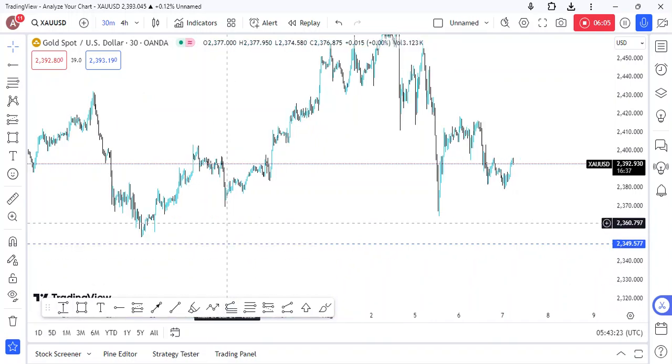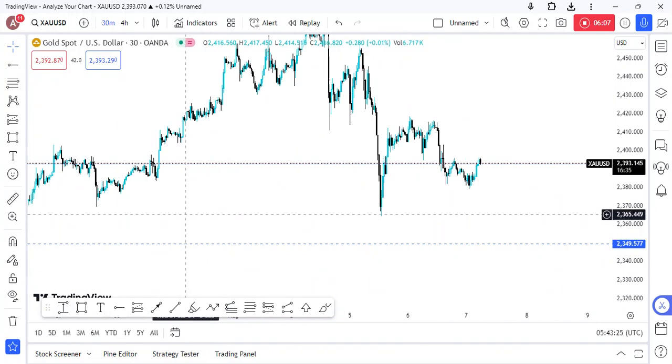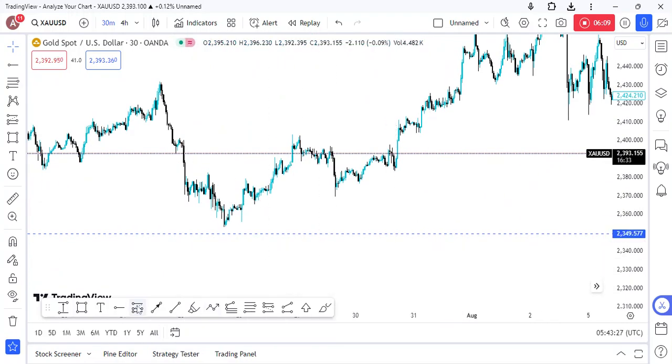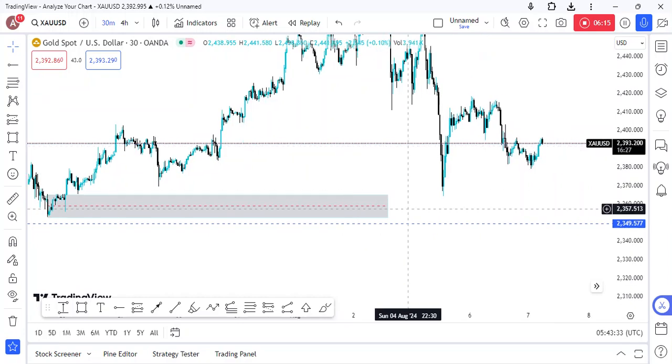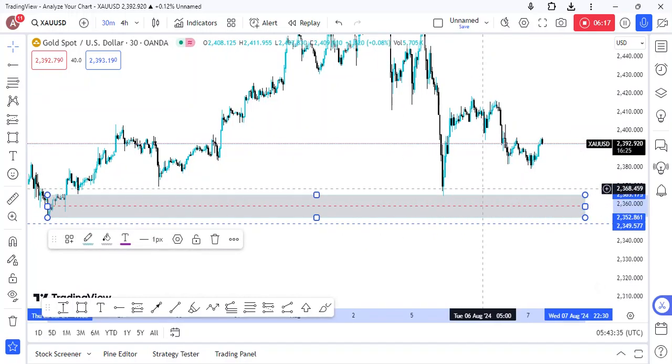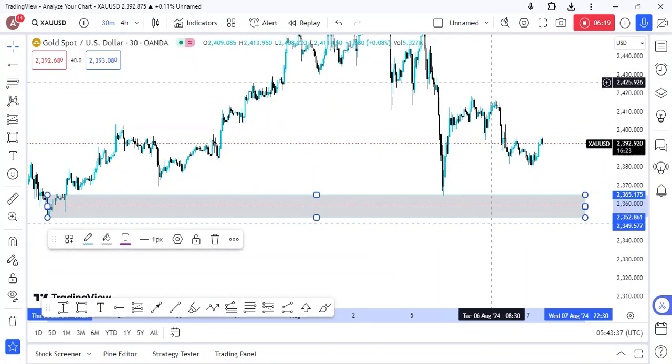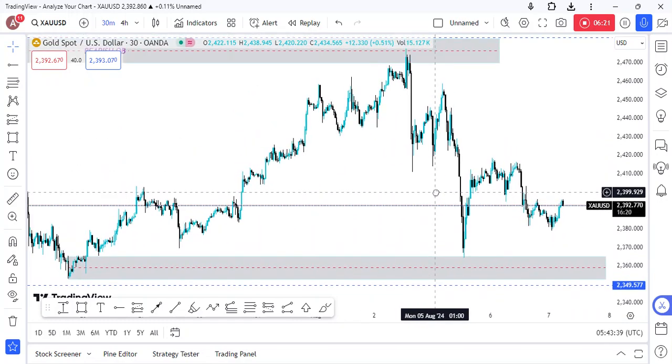For this one, market started rising all the way from here, so we highlight the last bearish candle before this move. Guys, when you highlight, what do you see? Market touched it, lifted and went upside. It is happening all the time.